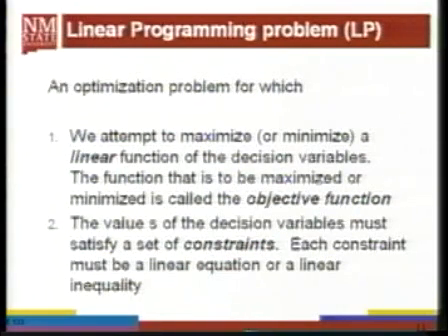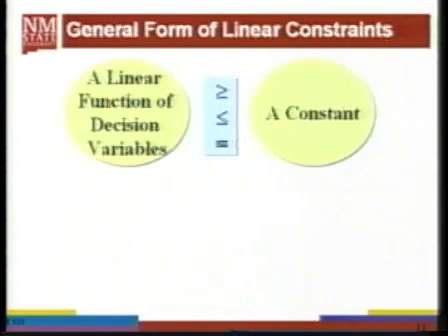We attempt to maximize or minimize a linear function of the decision variables. And the function that is to be maximized or minimized is called the objective function. The values of the decision variables must satisfy a set of constraints. So each constraint must be a linear equation or a linear inequality. That is, any linear constraint has the following general format, okay?